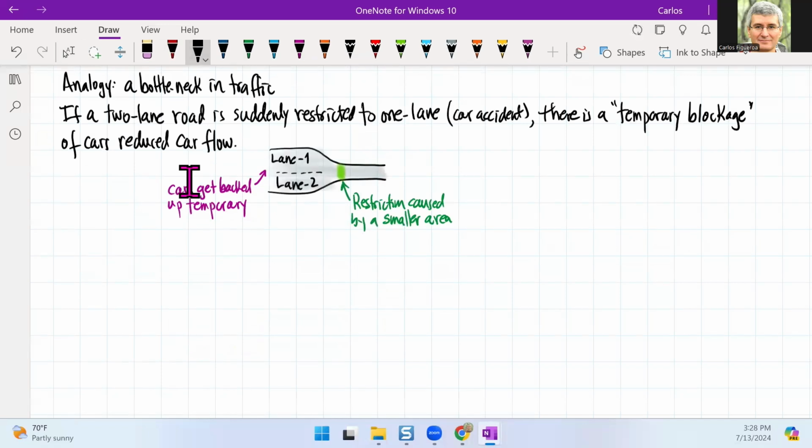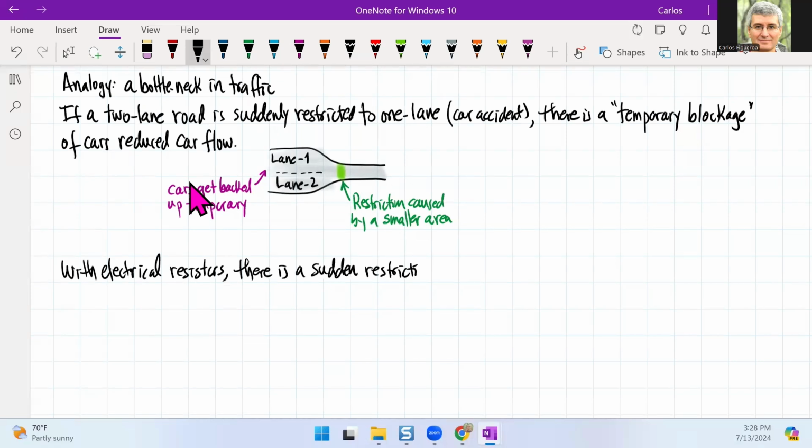With electrical resistors, there is a sudden restriction from the wire to the resistor, right?